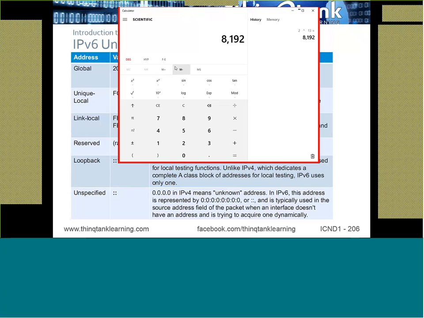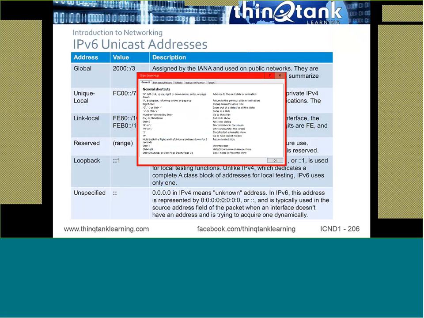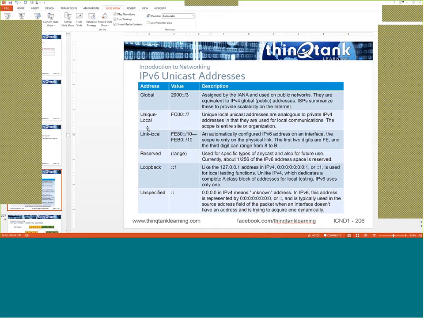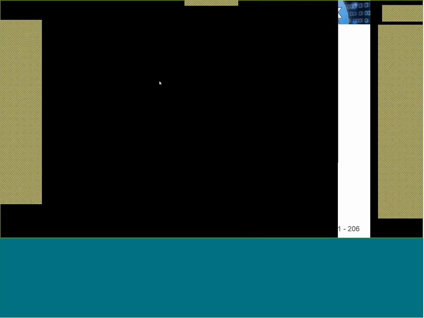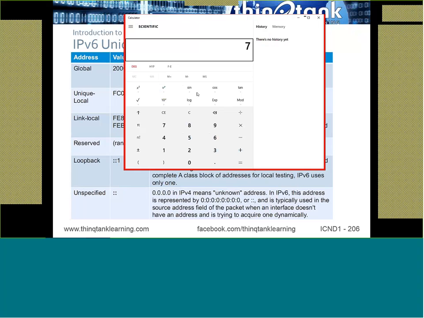However, how many bits are left over? How many hextets? There's 7 hextets left over. 7 hextets left over, right? 7 times 16, 112.